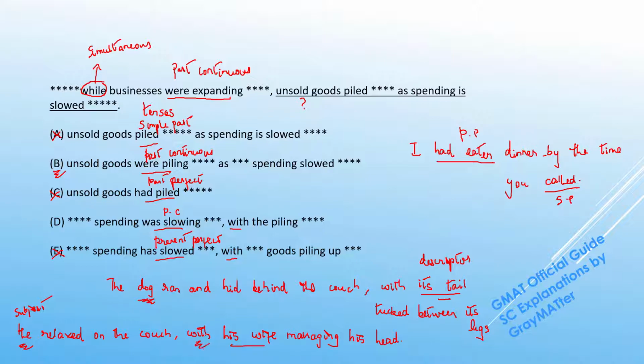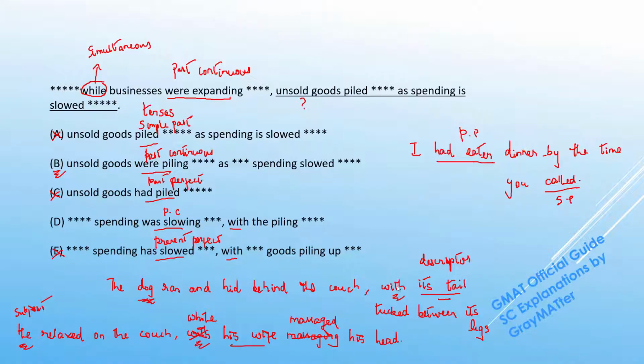So actually in the place of with, we're supposed to have a conjunction because we want to split them as two separate clauses. So he relaxed on the couch, and this would be more appropriate if I said while his wife massaged his head.